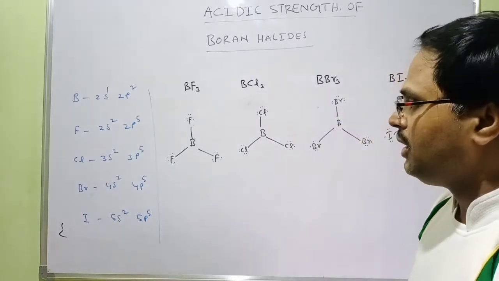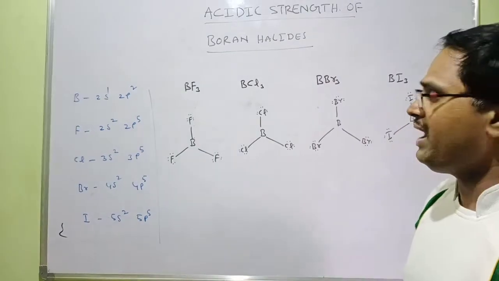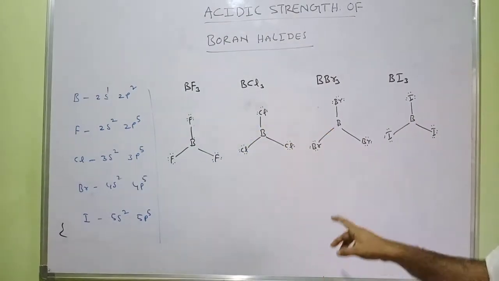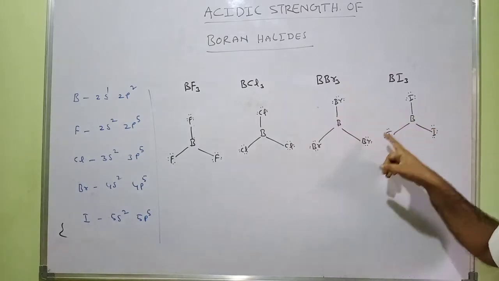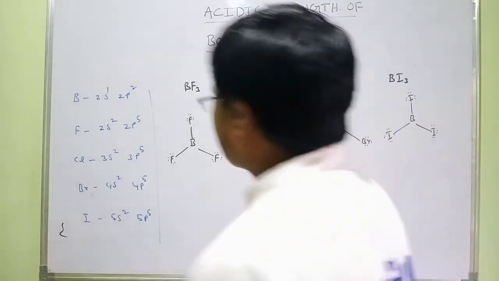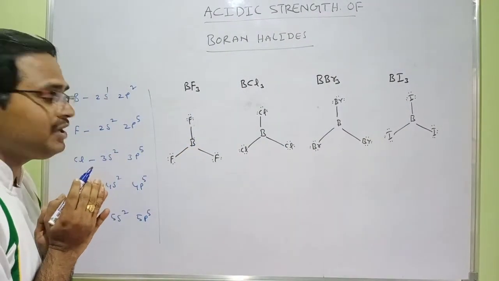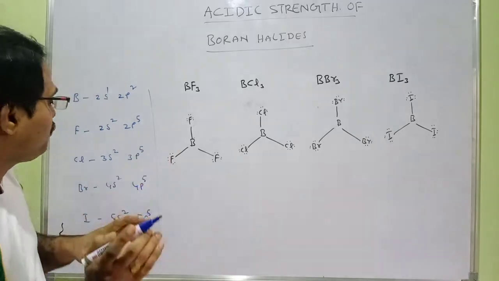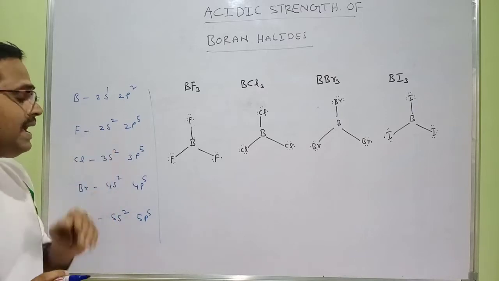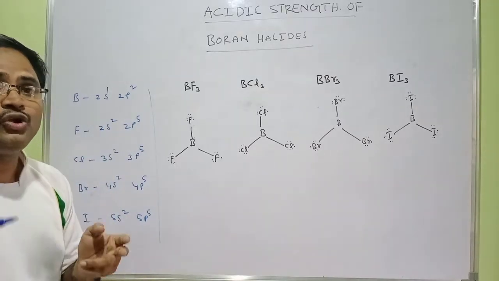Got it. Now let us come back to these halides. Now I have written here the elaborate structures of boron trifluoride, boron trichloride, boron tribromide and boron triiodide. Already we discussed that boron has an empty orbital there. Fluorine has 7 electrons in the valency: one single electron and 3 lone pairs.